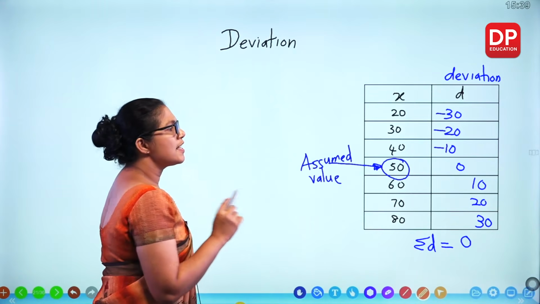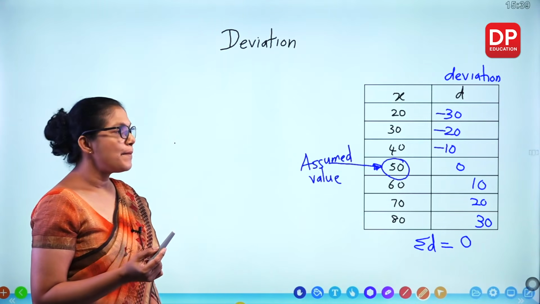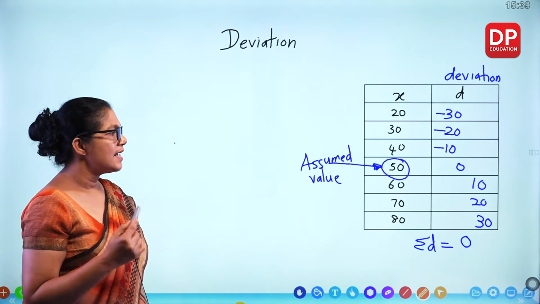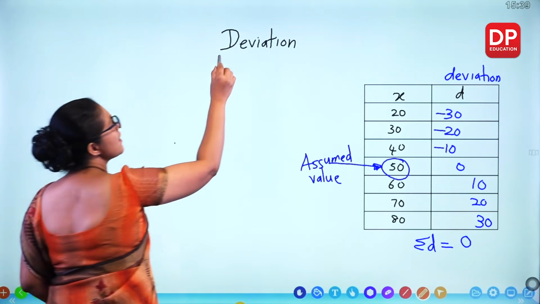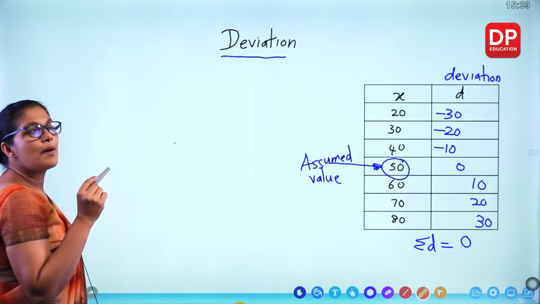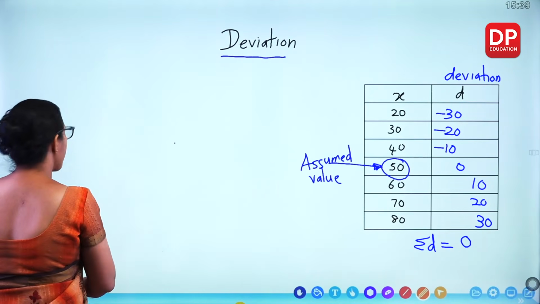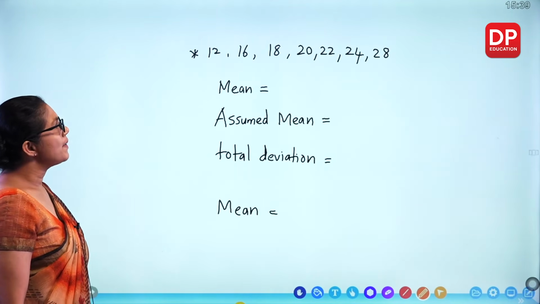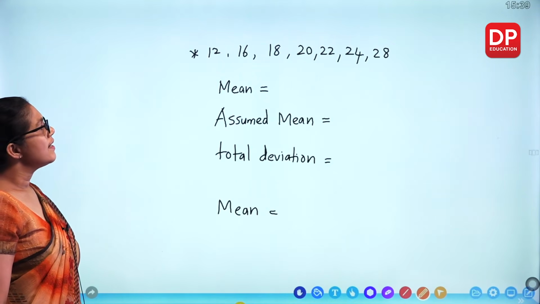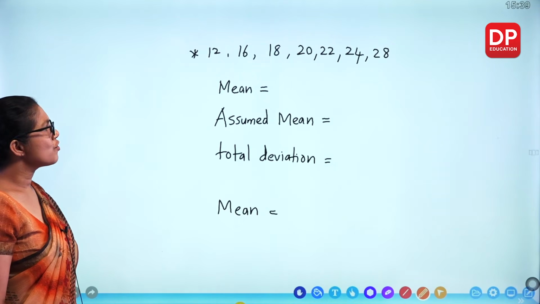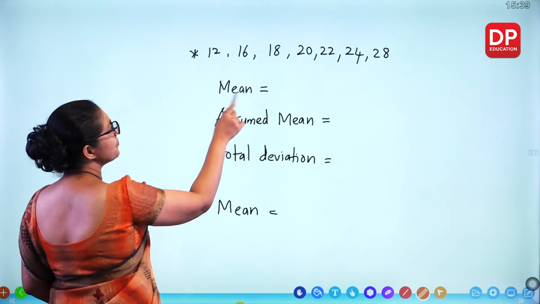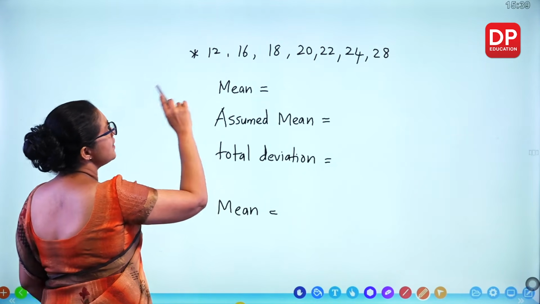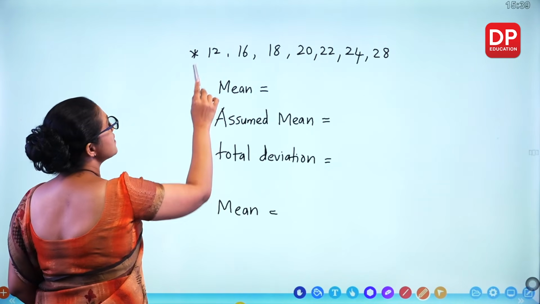So when you use this method to find the mean, it's really easy. We'll try to use this method to find the mean values. We'll take this example. 2016, a data set is given. You are asked to find the mean. Normal mean is what? Add and divide by the number of values.